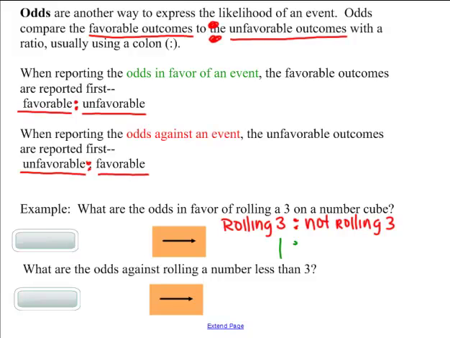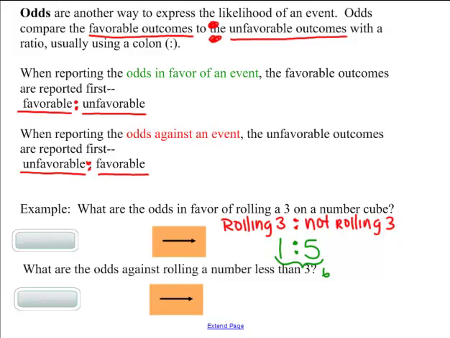Only 1. And then not a 3, there's 5 other options. So the odds in favor of rolling a 3 are 1 to 5. The total can be found if you add those two things up. There's 1 3 on there and 5 other things, and those added up will give you the 6-sided number cube.